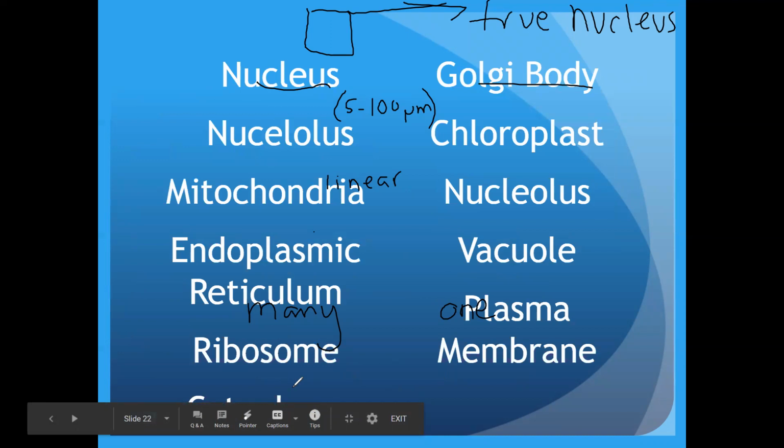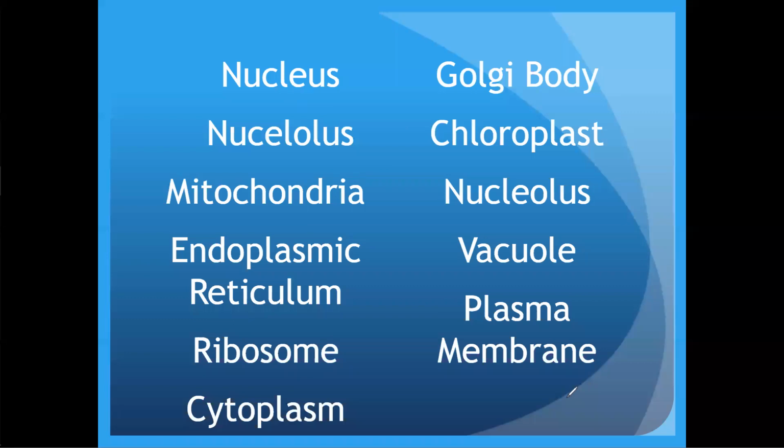Okay. So here are some organelles that we're going to talk about in the coming days for this unit. Some organelles that exist inside a eukaryotic cell are things like a nucleus, a nucleolus, mitochondria, endoplasmic reticulum, ribosome, cytoplasm, chloroplast, vacuole, plasma membrane.